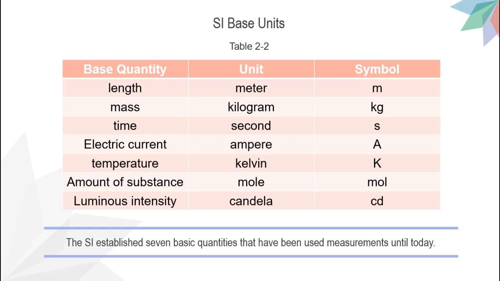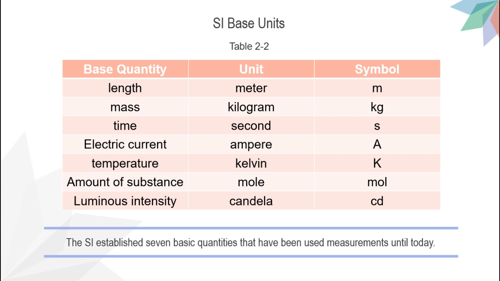Next, we have the SI base units. For the base quantity length, the base unit is meter, symbol m. For mass, kilogram, but the base unit there is gram, but what is mostly used for mass is kilogram, kg. Time, second, s.